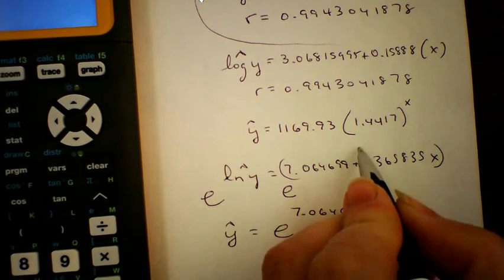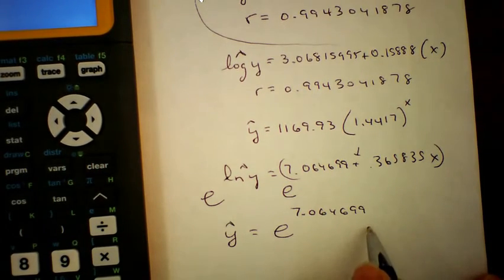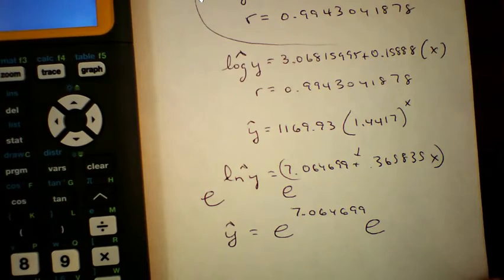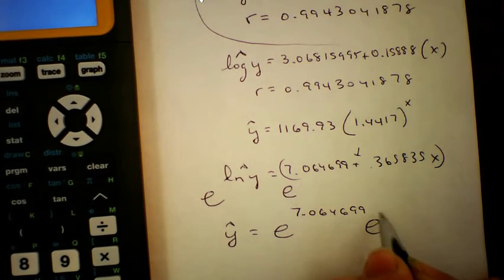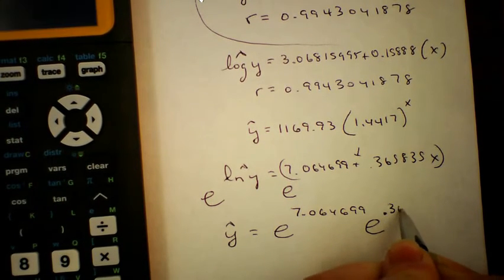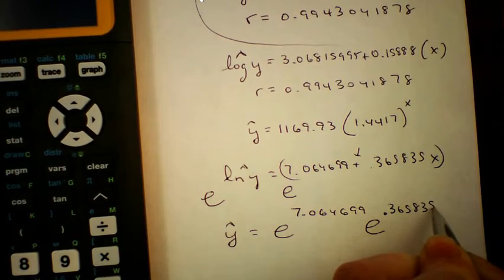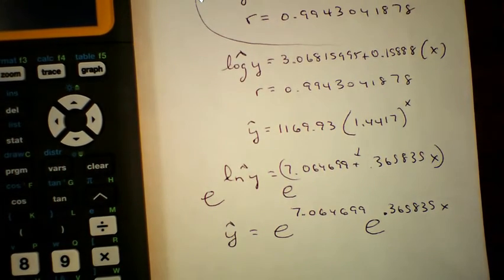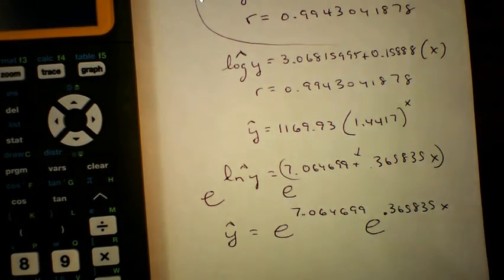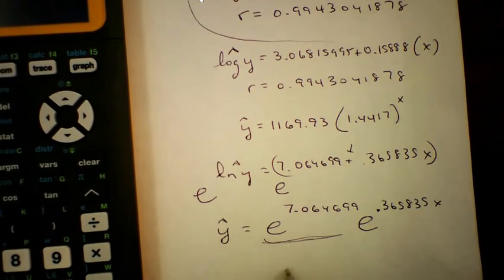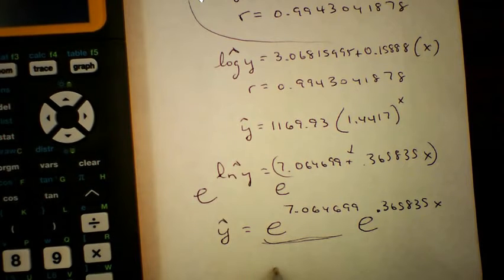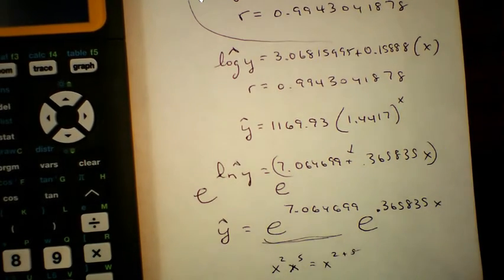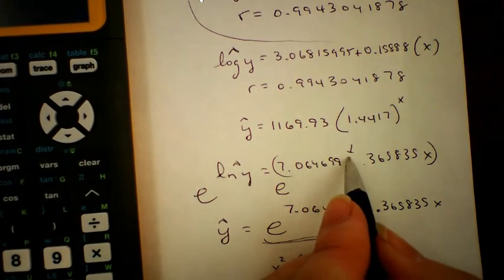Now, what does plus mean in exponents? It would mean that I could rewrite the base again and say that this is e to the 0.365835x. That makes sense, because if you were doing x squared times x to the fifth, wouldn't that be x to the 2 plus 5? So I'm just reversing that process, taking it and splitting that plus apart.